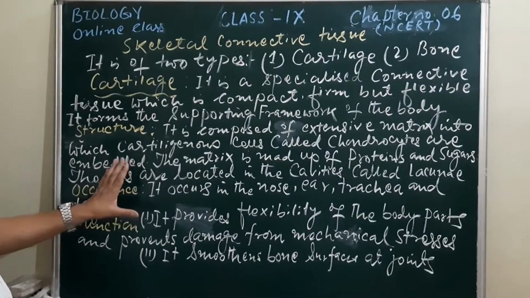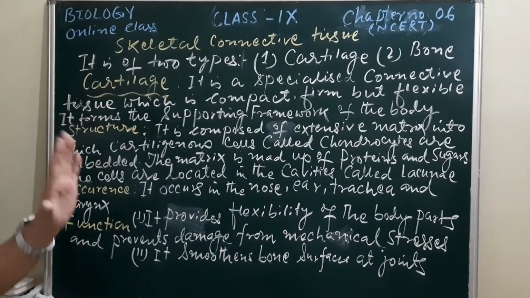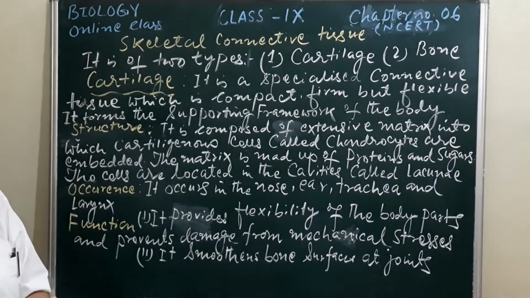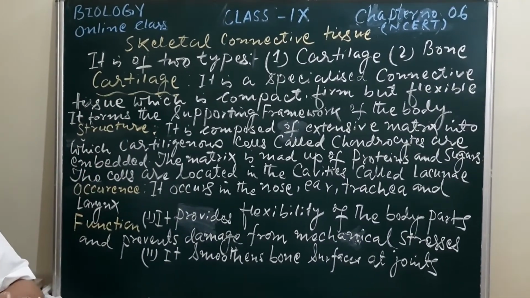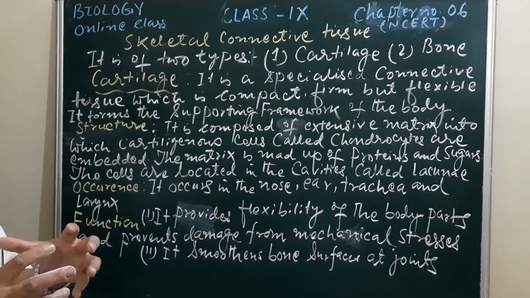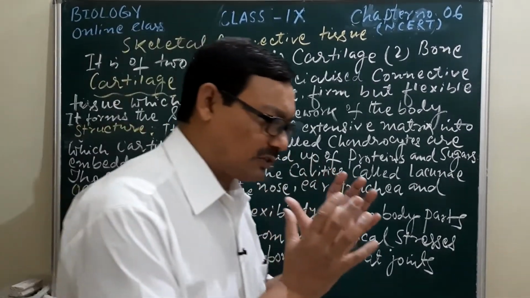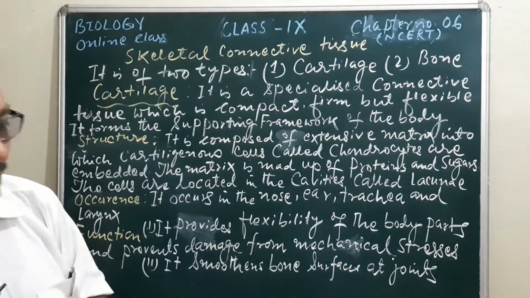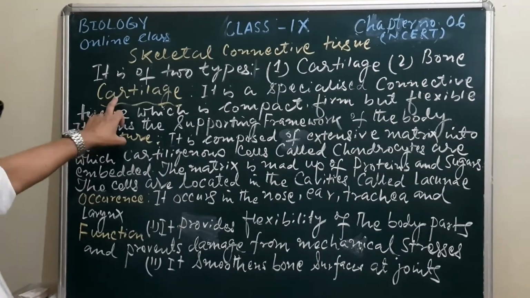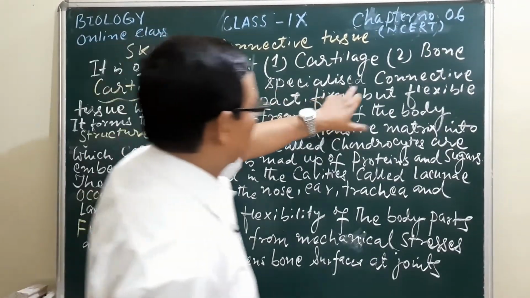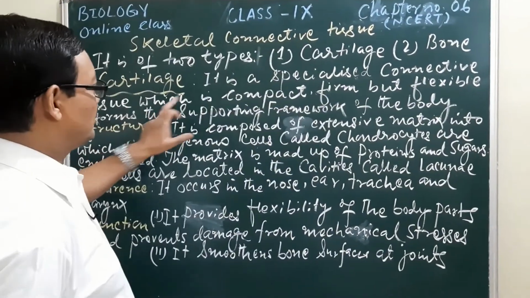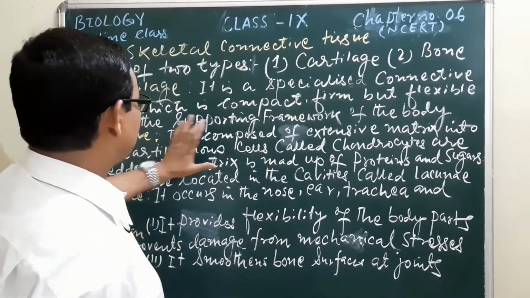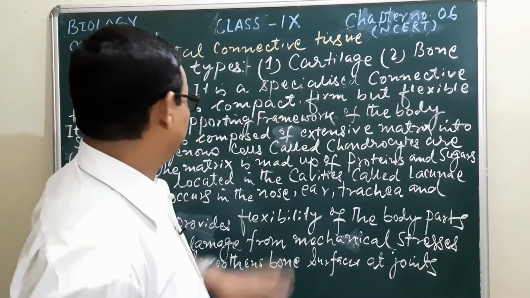There is a presence of matrix in both, as you well know that in each and every type of connective tissue there is matrix, and in the matrix the cells of the tissue are embedded and scattered. Here the cartilage is a specialized connective tissue which is compact, firm but flexible. It forms the supporting framework of the body.